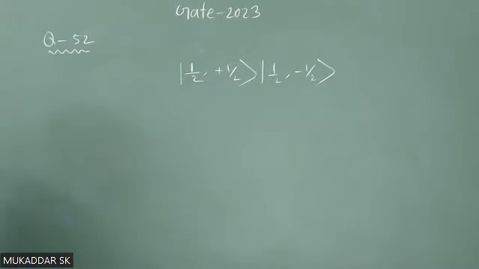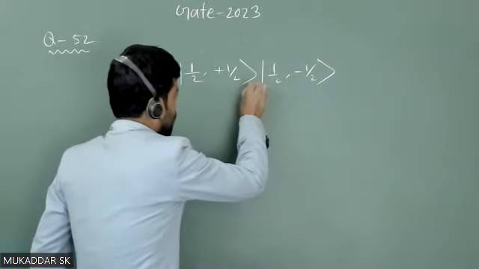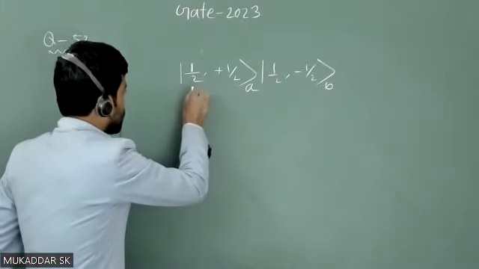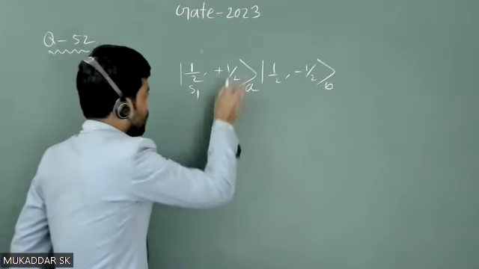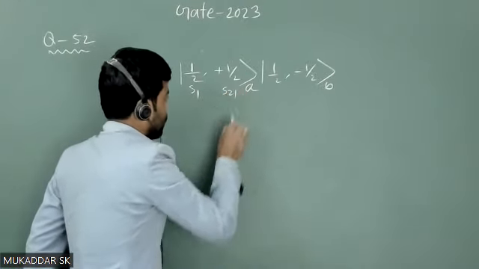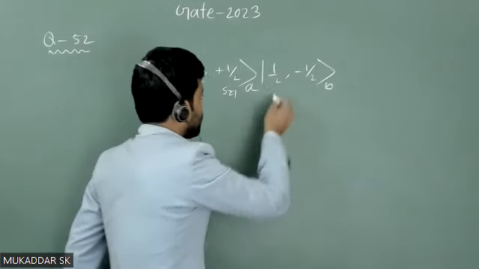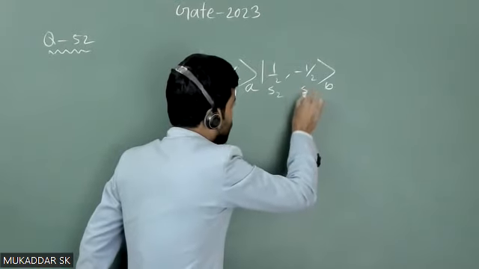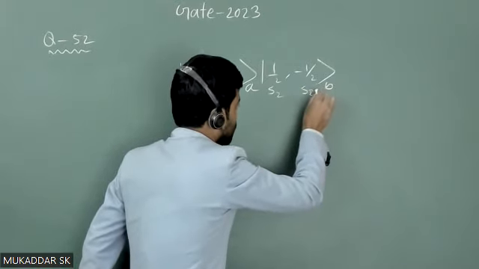Okay, so I can mention that you have two non-identical particles A and B, and the spin value S1 is half, and the Z component is SZ1. The spin of the second particle will be S2 with Z component SZ2.